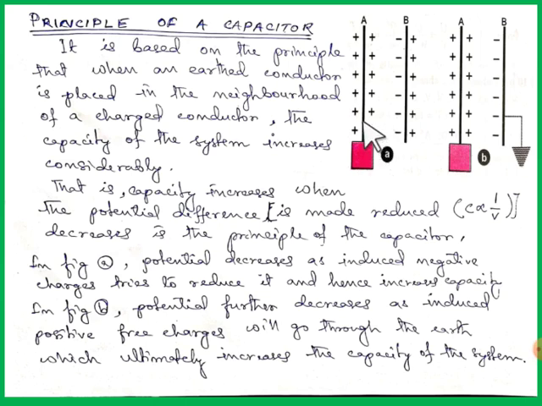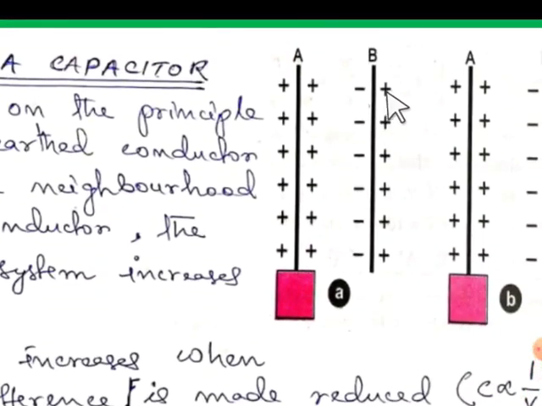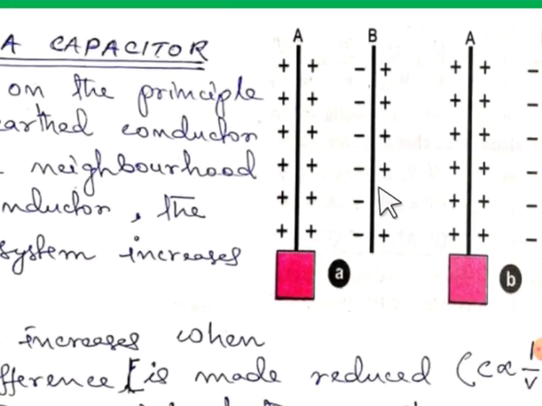Near to the surface of the charged conductor, the uncharged conductor will develop opposite charge. If this is positive charge, then negative charge will develop near to the surface, and on the farther side of the conductor, positive charge will be developed. That means similar charge will be developed.